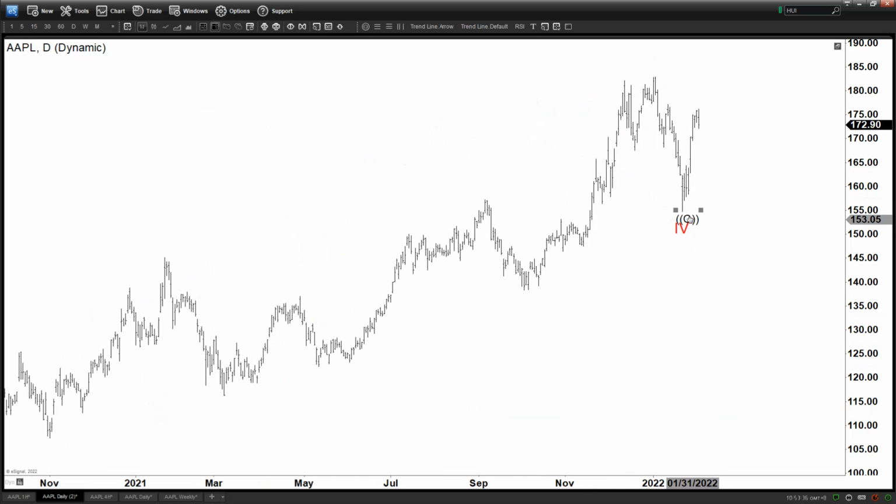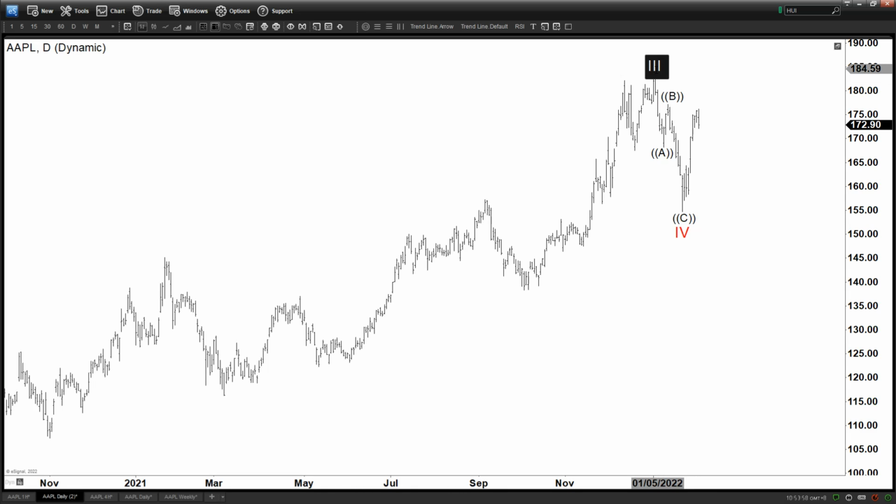This is your C. So based on this alone, I can conclude that if this is a C and this is a 4, then this must be an A, this must be a B, and this must be a 3, even though I don't see it in the 1-hour chart, but I can conclude that will have to be the case.